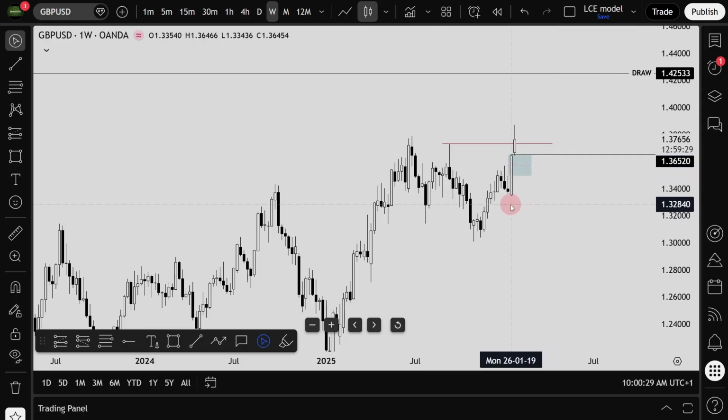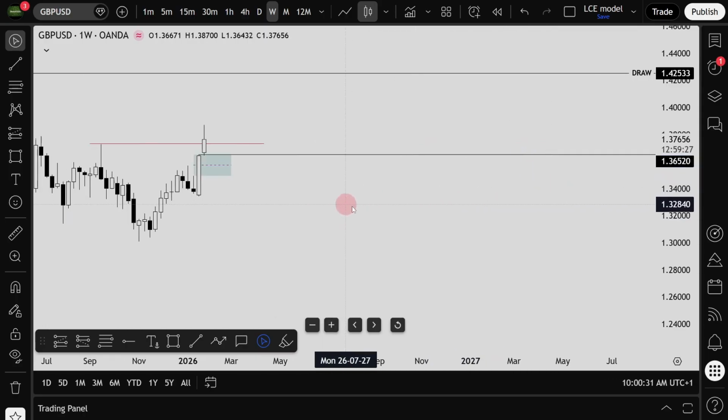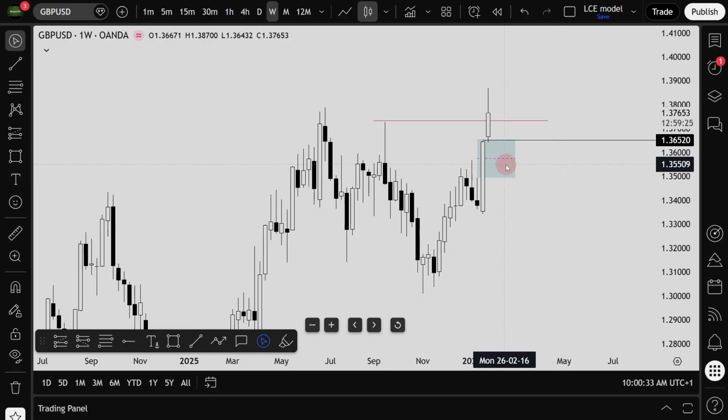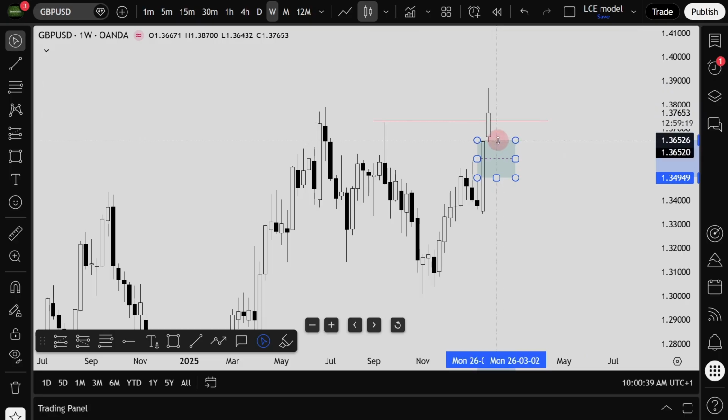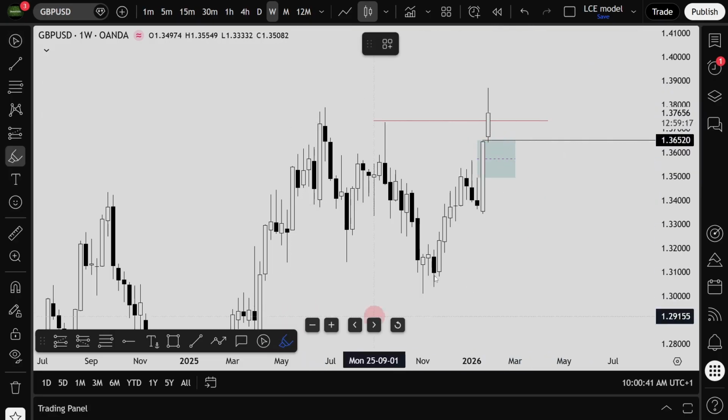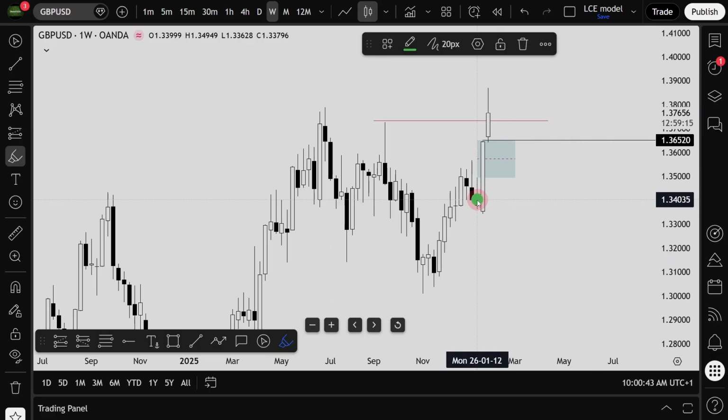A fair value gap is a three candle pattern formation, where we have the first candle, the middle candle, and the third candle. In this scenario, we have this black candle as the first candle, we have this candle as the middle candle, we have this candle as the third candle.